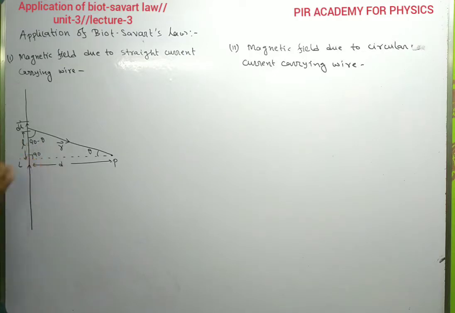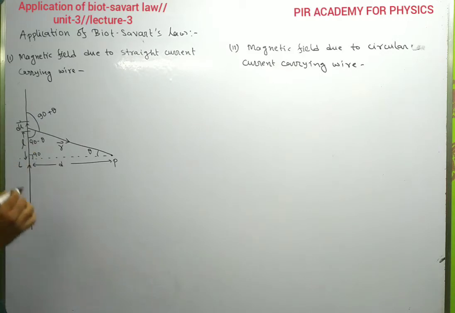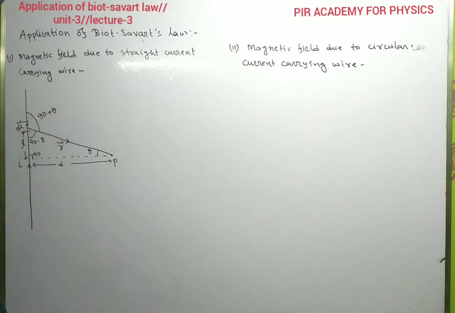So if this is 90 degree minus theta, then this angle will be 90 degree plus theta, because the total angle must be 180 degree. That's why if this is 90 degree minus theta, then it must be 90 degree plus theta.